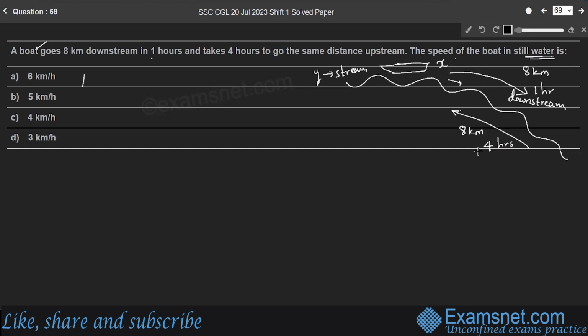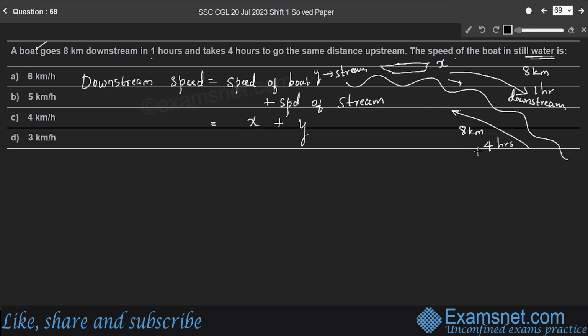Therefore, we use the term downstream speed, which is equal to speed of the boat plus speed of the stream, because the boat is moving in the same direction of the stream. Therefore, it is x plus y.